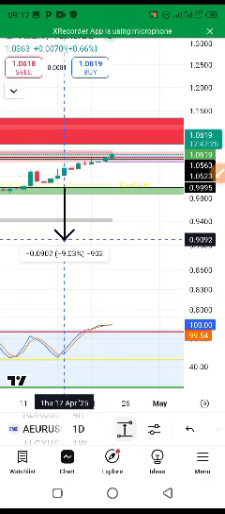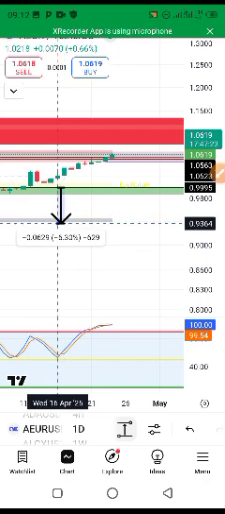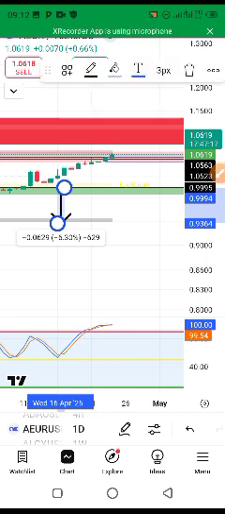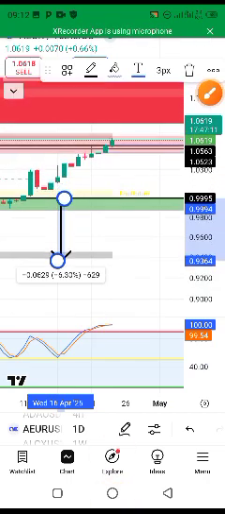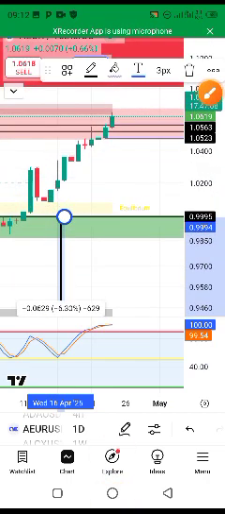The discount area is here. That is around 6%. Okay, that is 6%.